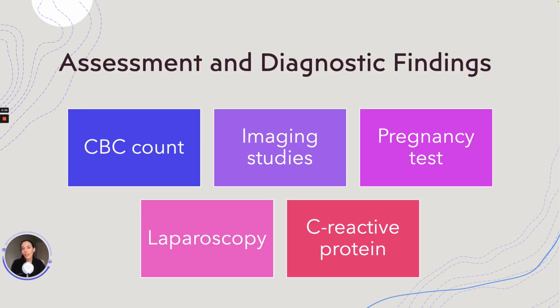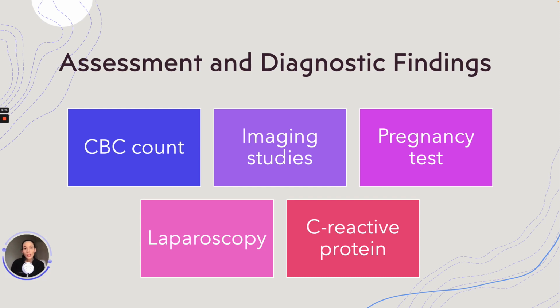So for nursing assessment and diagnoses, we can look at the CBC. A complete blood count will show an elevated white blood cell count with elevated neutrophils. We can look at some imaging studies, so abdominal x-rays, ultrasound, and CT scan can reveal right lower quadrant density or local distension of the bowel. We can do a pregnancy test just to rule out ectopic pregnancy before x-rays are obtained.